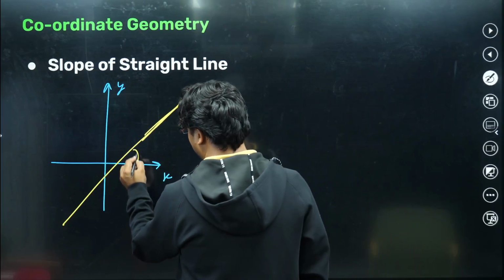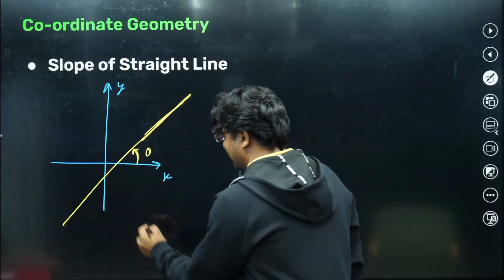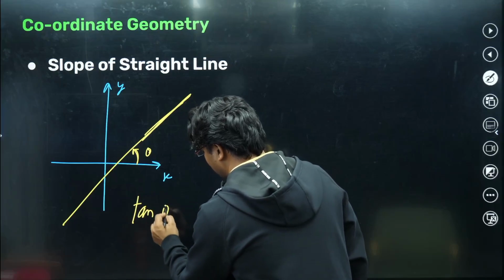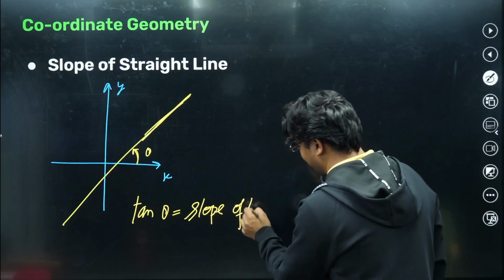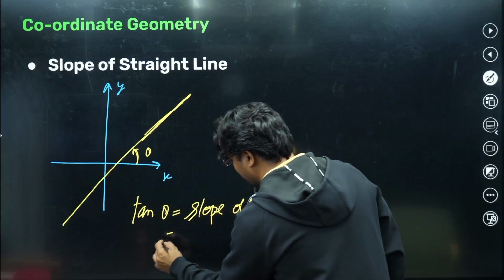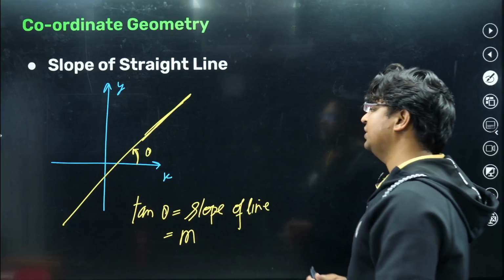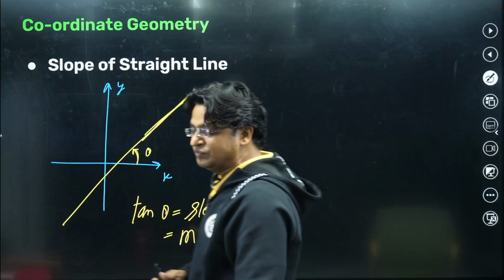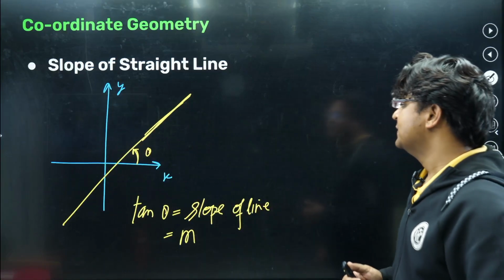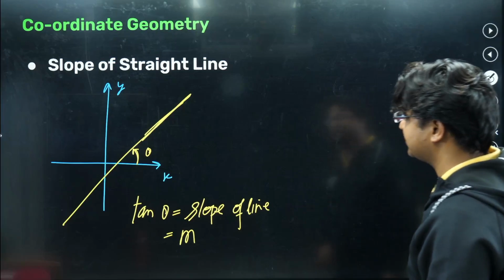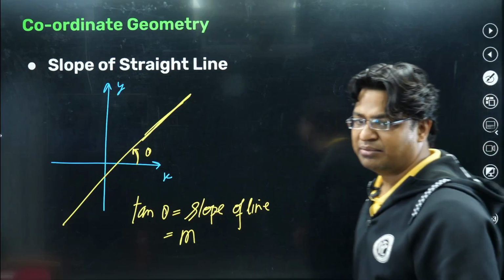Now whatever angle this line makes with the x-axis, tan of this angle is called the slope of the line. It is usually indicated by the symbol m. So this is called the slope of the straight line.